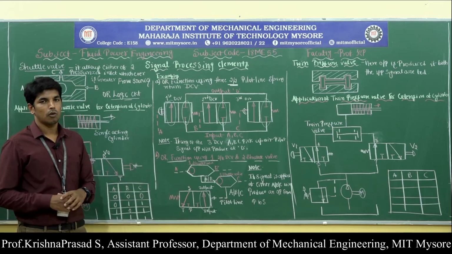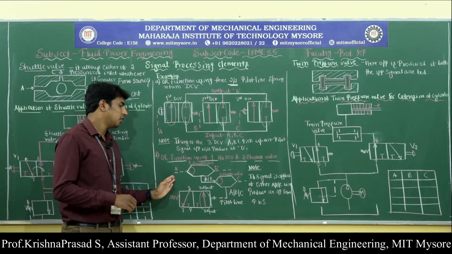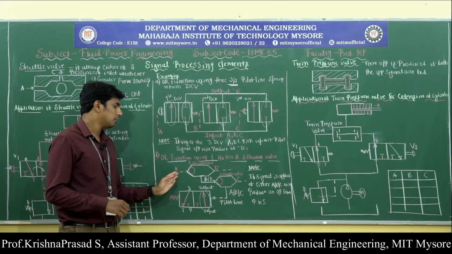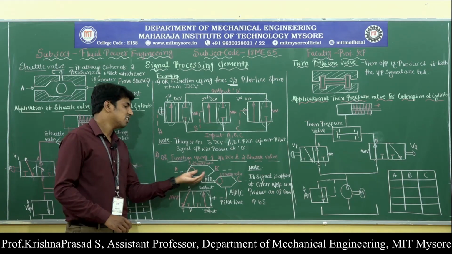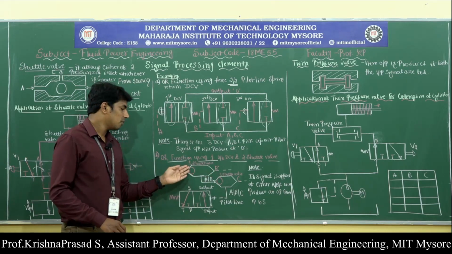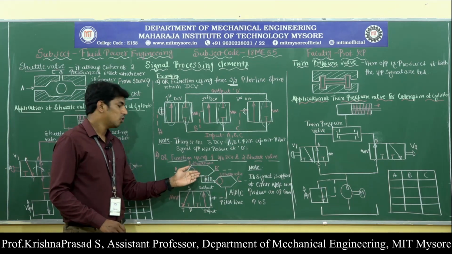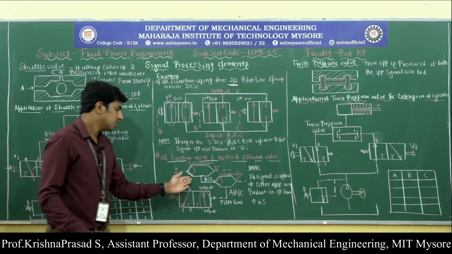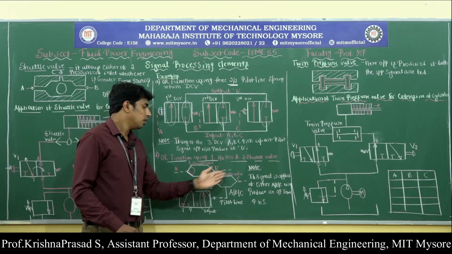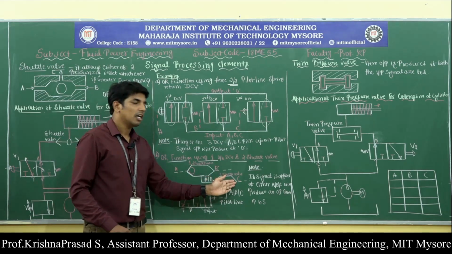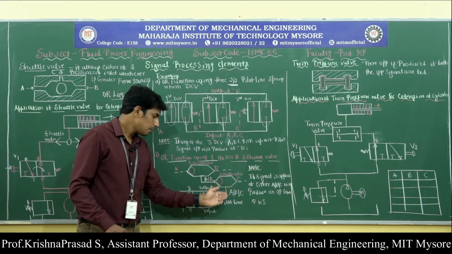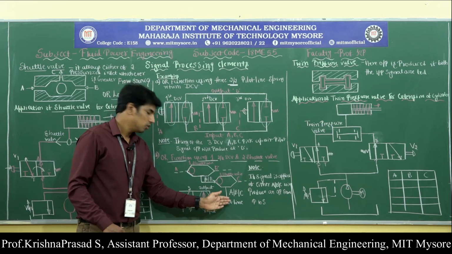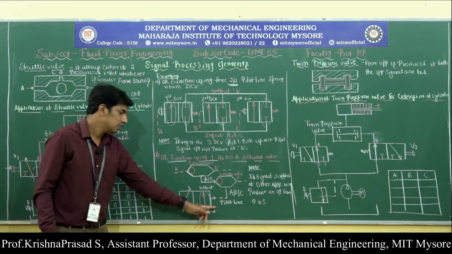If the compressed air is applied to shuttle valve 1 through inlet port A, then this compressed air causes the ball to shift towards the right side, and this causes the compressed air to flow from shuttle valve 1 to shuttle valve 2. Then this compressed air again causes the ball to shift towards the right side, and it blocks the inlet port C, and this enters into the direction control valve through the pilot line.